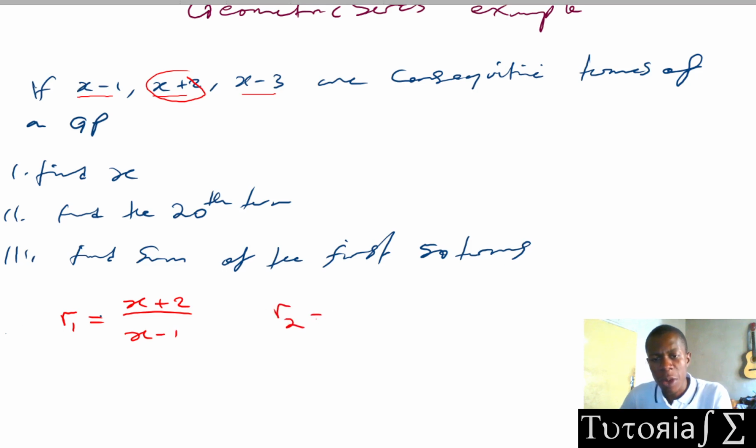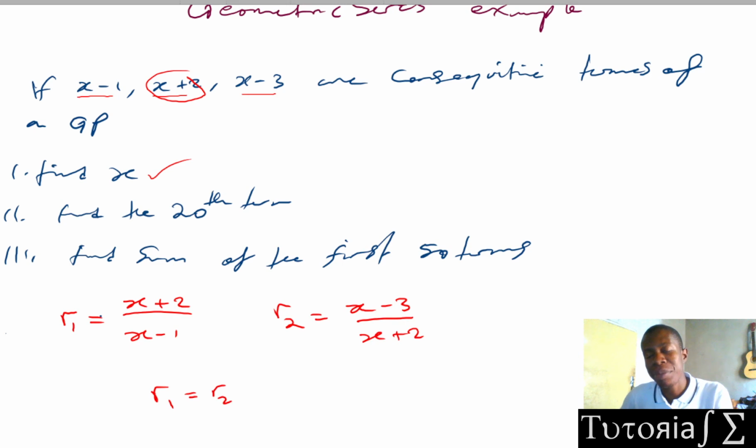And the other ratio will be x minus 3 divided by x plus 2, the next term divided by the preceding term. So we use the fact that the ratio is constant, and we can equate the ratios to find the value of x. So when finding the value of x for geometric series, we use the ratios, we equate them.